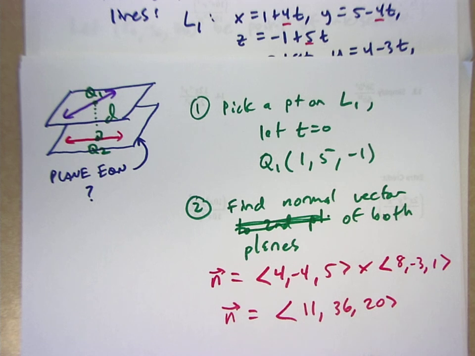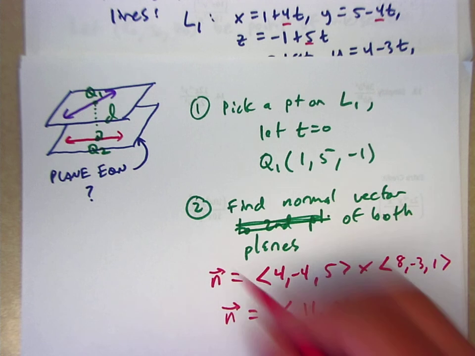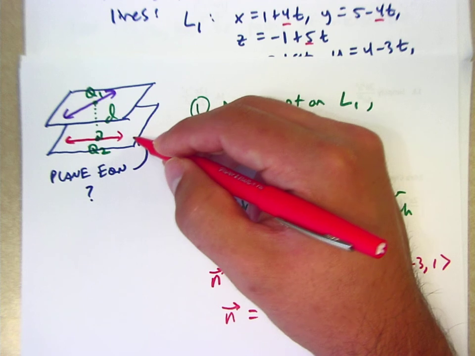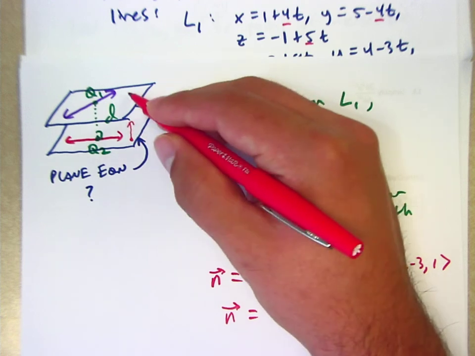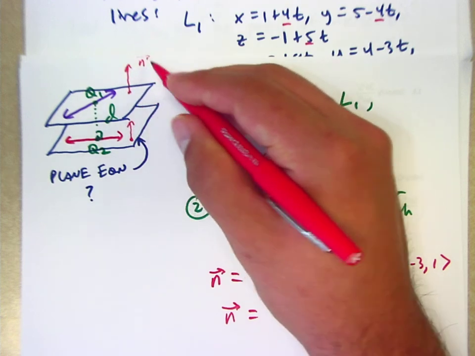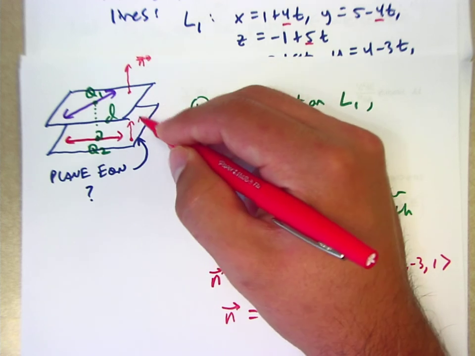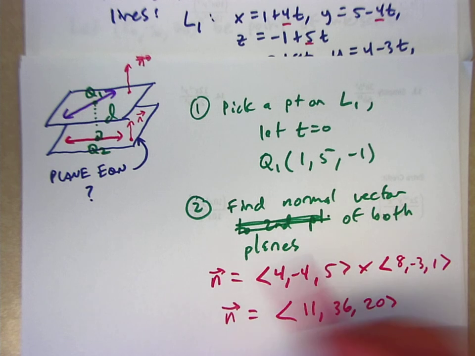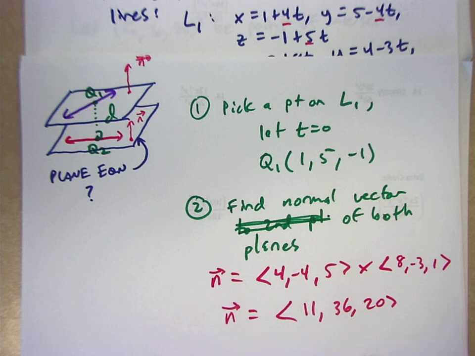Okay, so now we have a normal vector, actually for both planes. We got it figured out. And so we should be pretty good to go, because now we just need the plane equation. So that's actually step 3.